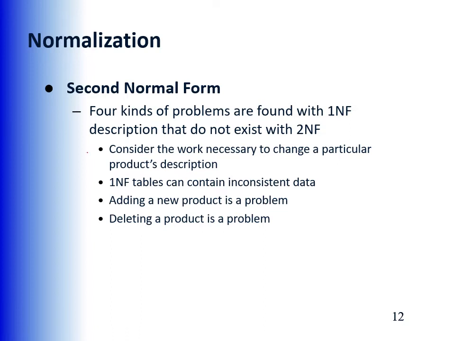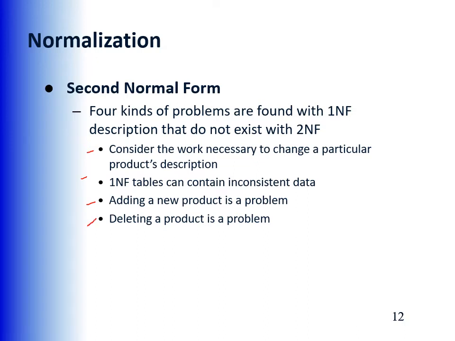The second one is that first normal form tables can contain inconsistent data because someone must enter the product description in each record. Nothing prevents a product from having different descriptions in different records. The third one, adding a new product is a problem because the primary key must include an order number and a product number, so you need values for both fields in order to add a record.